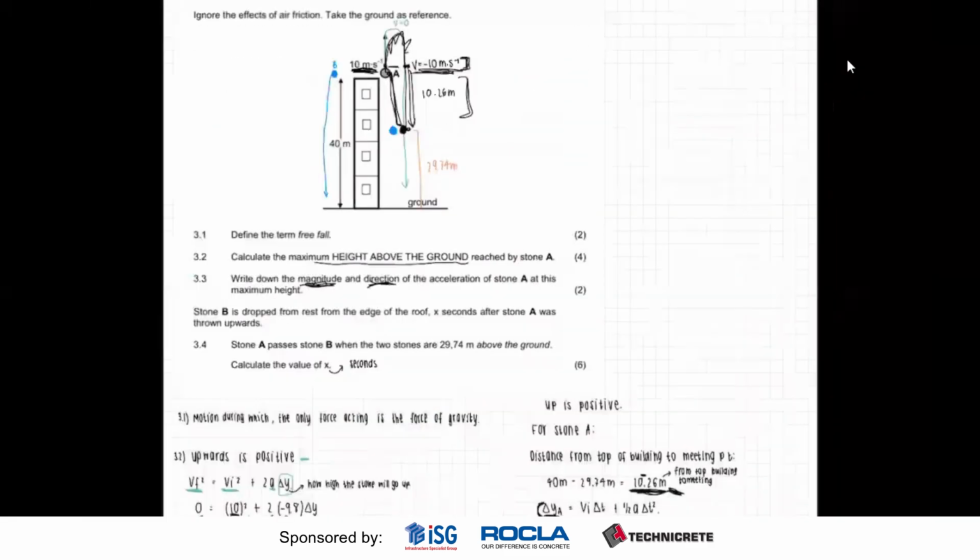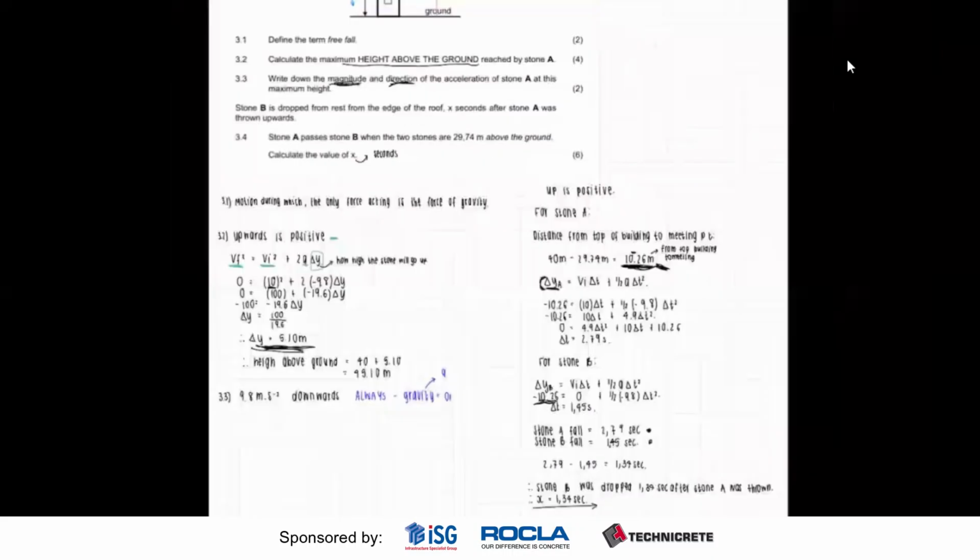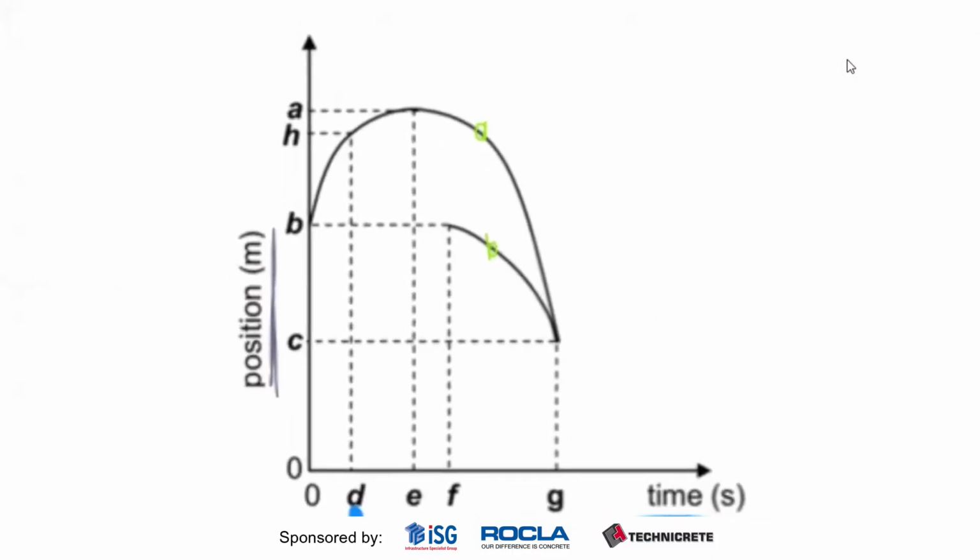I also drew that in the previous question. I showed you that stone A went up and then down, and stone B just went straight down. So this is what it would look like on the position versus time graph.